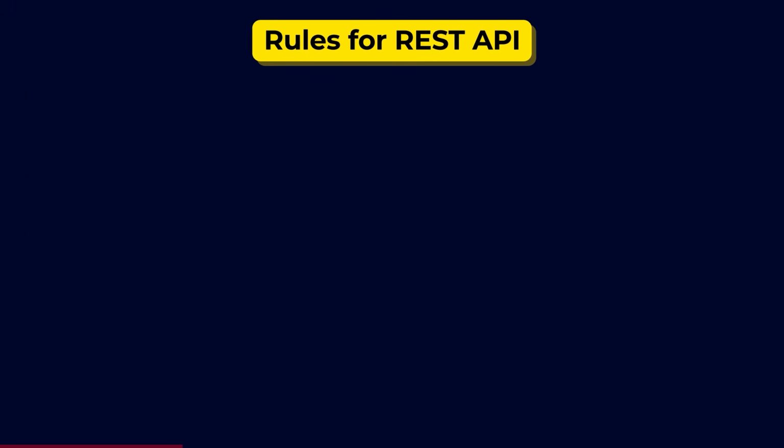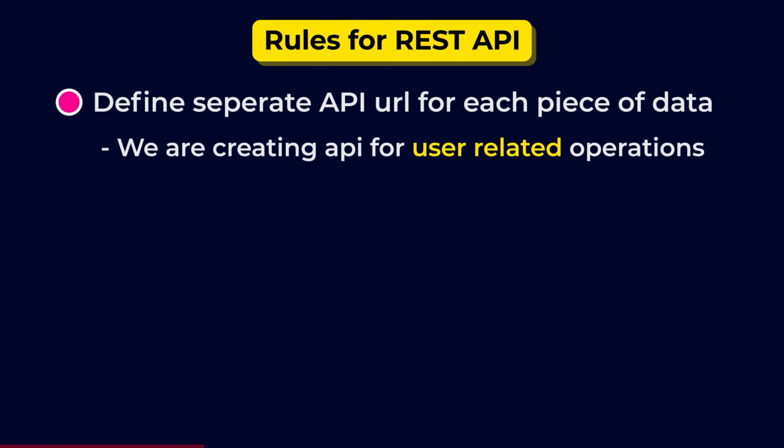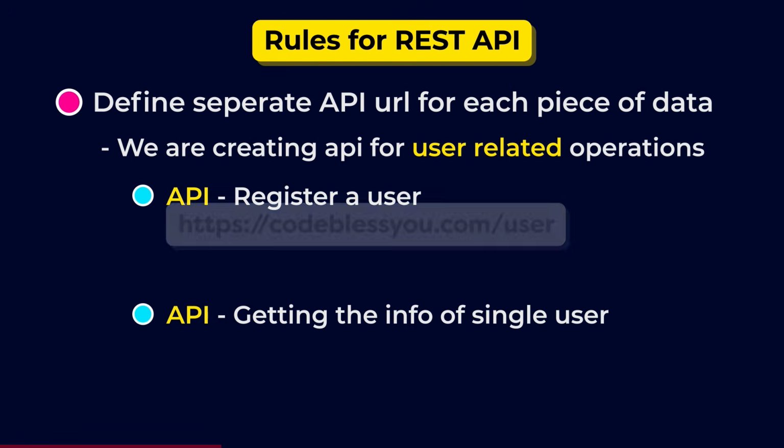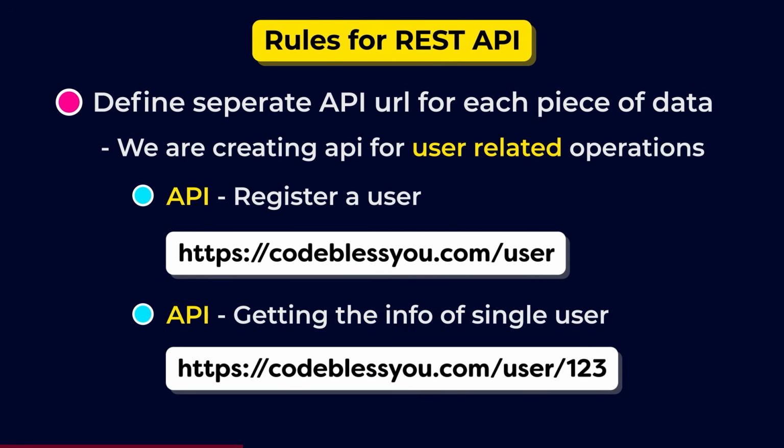Now let's see some rules which we have to follow to make a REST API. One rule is we have to define a separate API URL for each piece of data. For example, suppose we are creating an API for user-related operations like registering a user, getting the information of a single user, etc. In this case, our API should be our domain name and then /user for register. And if we want to get information about a single user, then we create an API URL like /user/123.